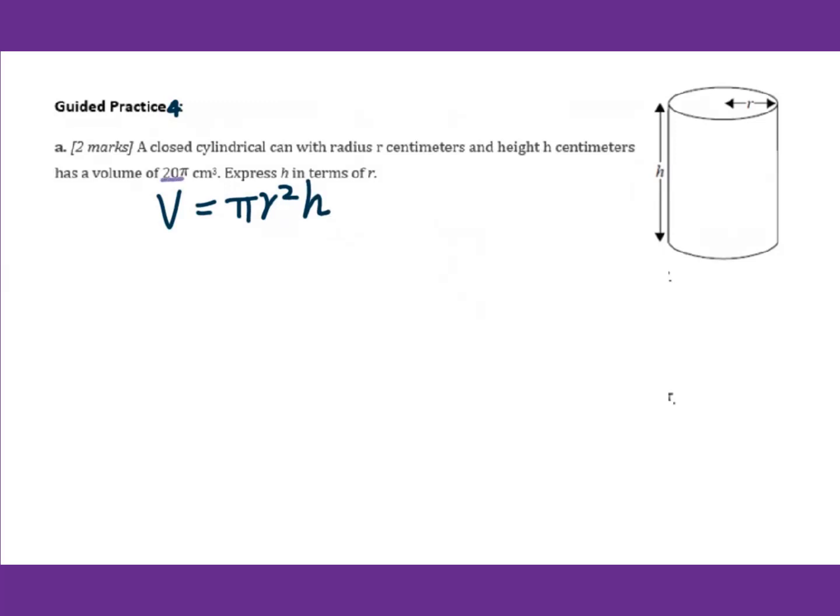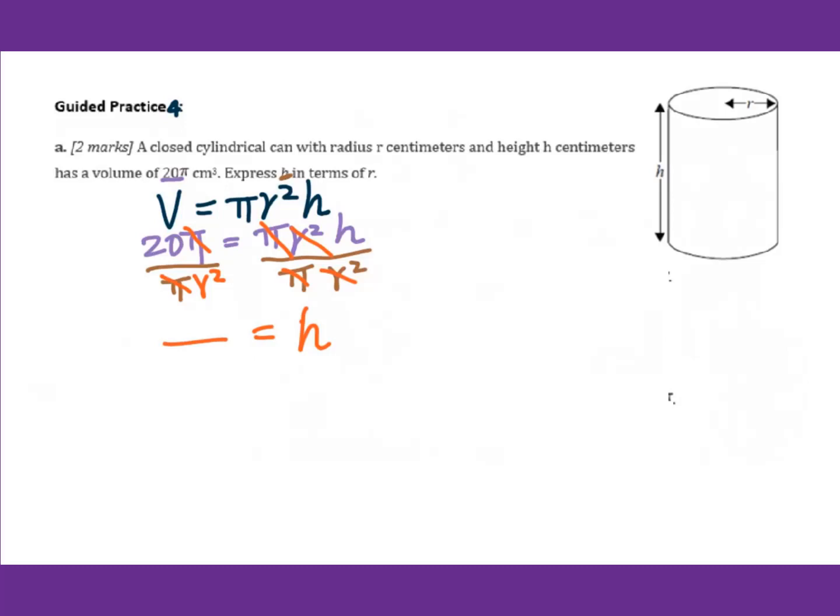The volume is 20 pi equals pi r squared h. We are expressing h, so we need to isolate h. We divide by pi on both sides, then divide by r squared on both sides. So we get h equals, reducing, 20 over r squared.